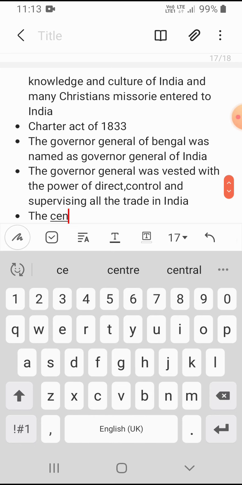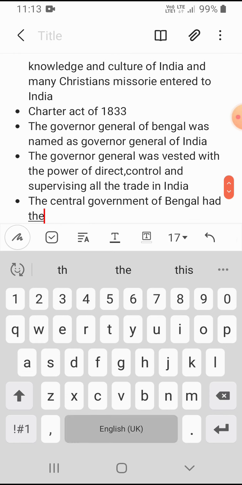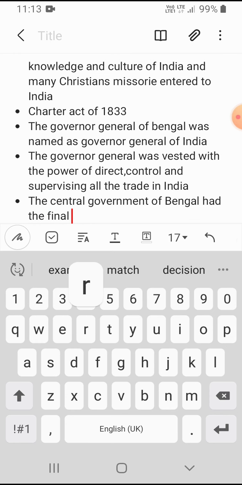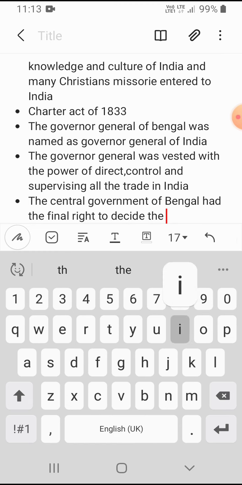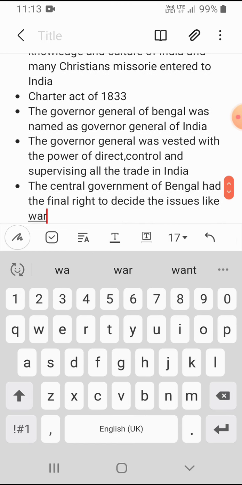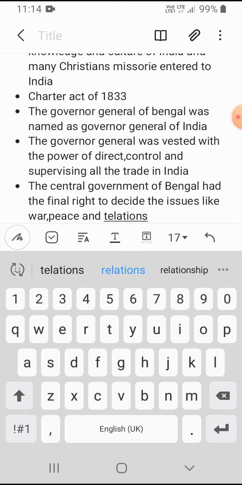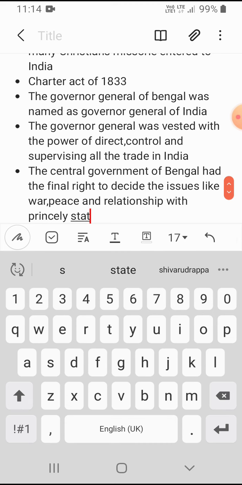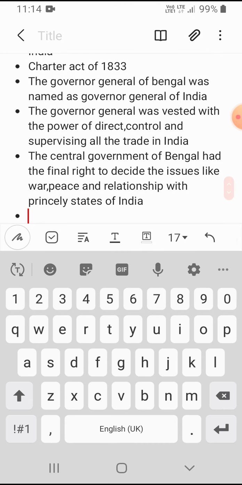And the central government of Bengal had the final right to decide issues like war or peace, and relationship with the princely states of India.